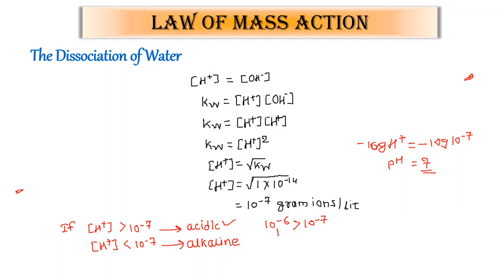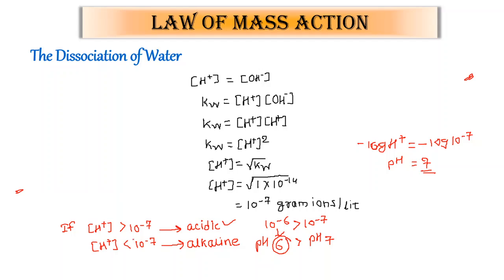If I convert it into pH, it will come as a 6. So 6 is a pH which indicate that solution is more acidic as compared to pH 7.